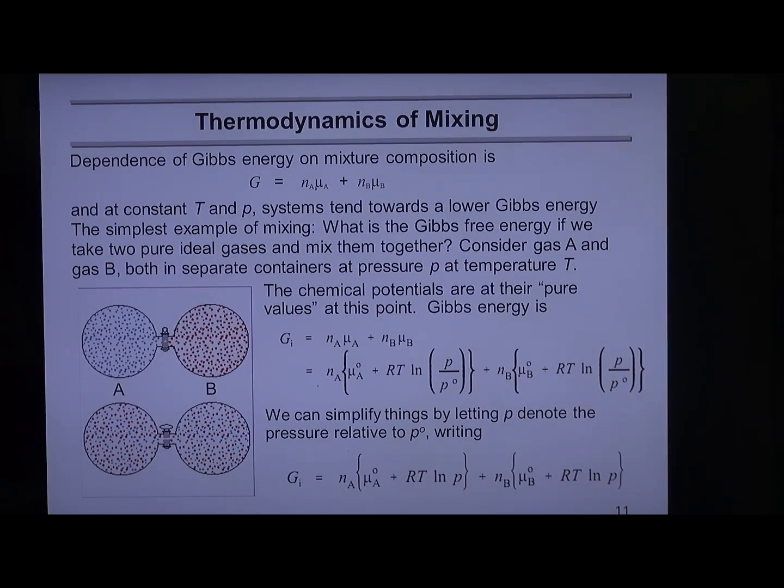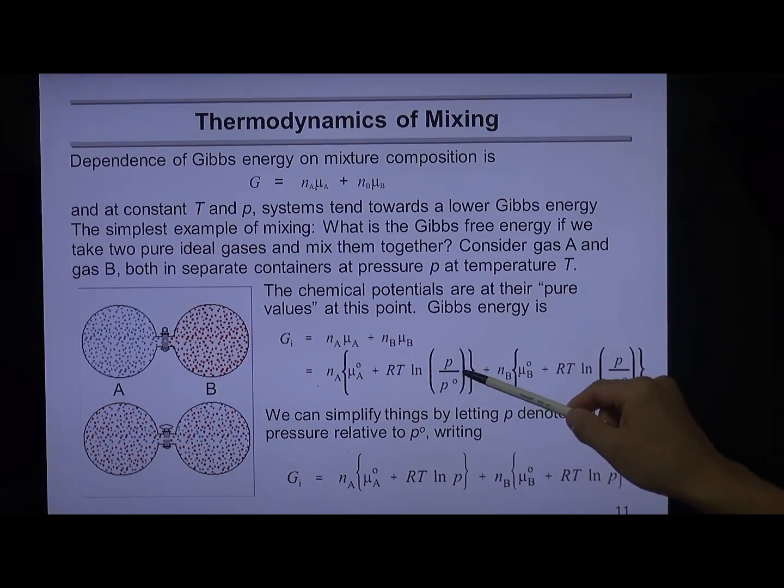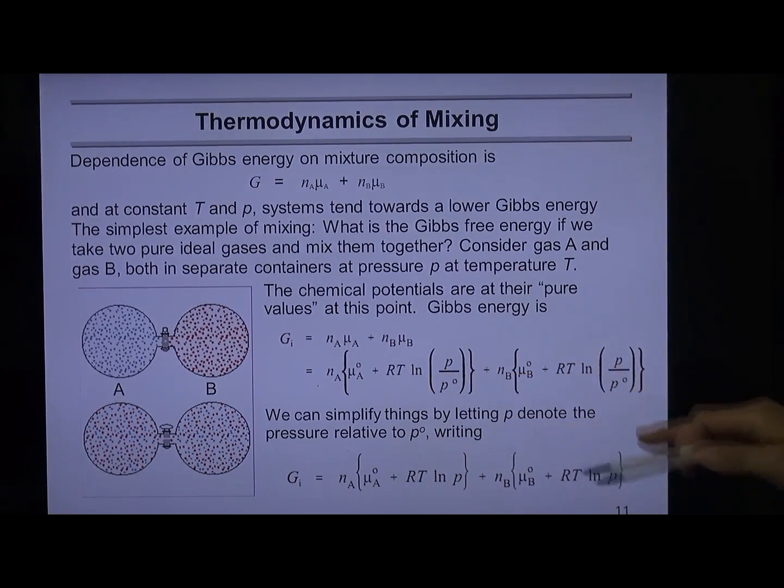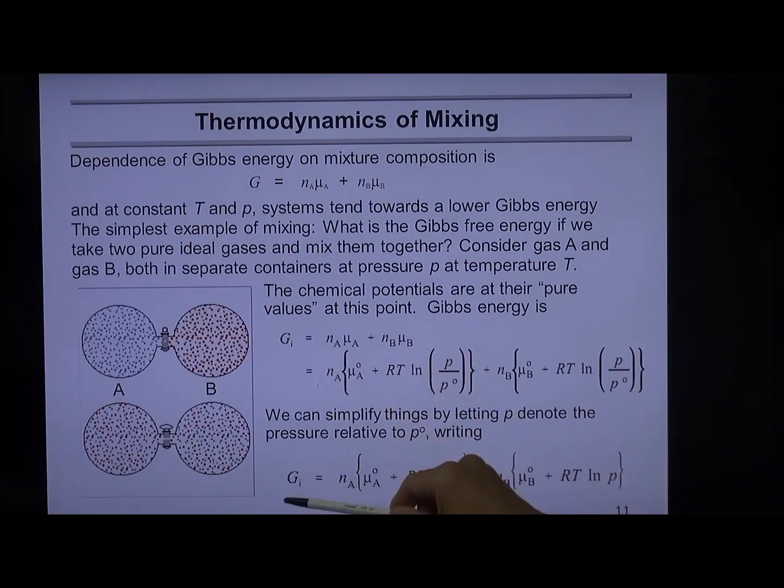To simplify the mathematical expression, we'll ignore this part and we'll not write it from now on. So we'll express G_i as this. There is P naught here, but we just ignore it.